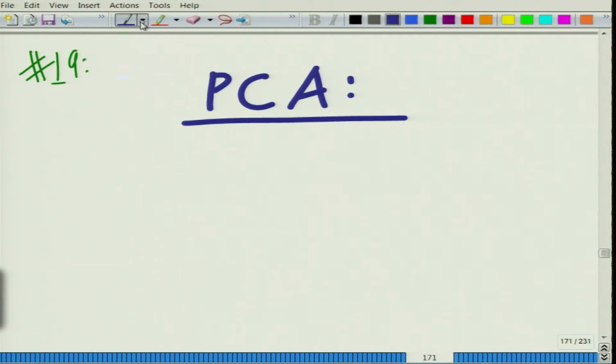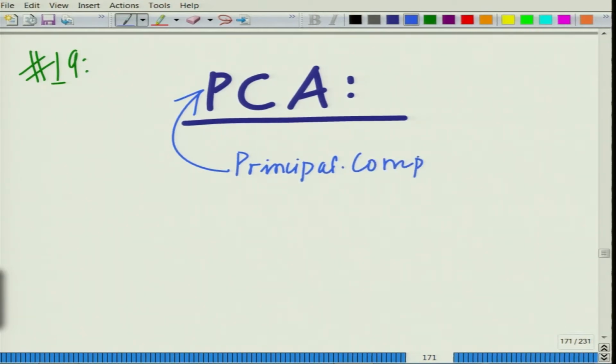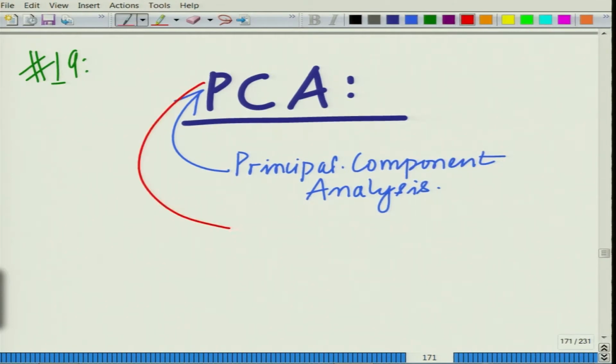This is termed as PCA, which stands for principal component analysis, and this is one of the most important concepts in ML, that is machine learning.